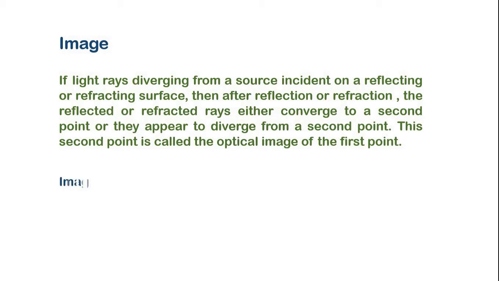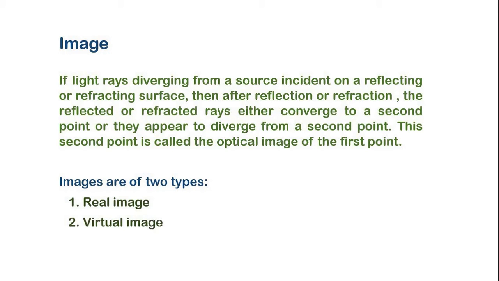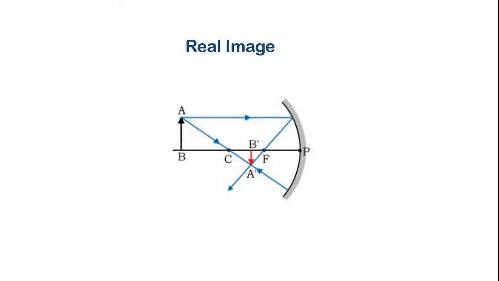Images are of two types: real image and virtual image. Real image. If light rays emitted from a point after being reflected or refracted on a surface actually converge at a second point, then this second point is called the real image of the first point.